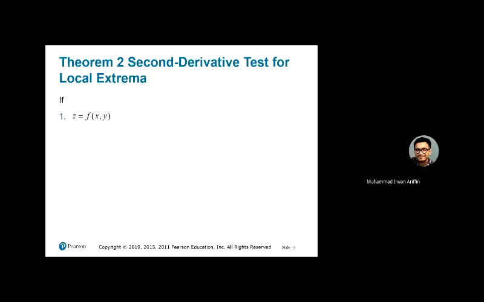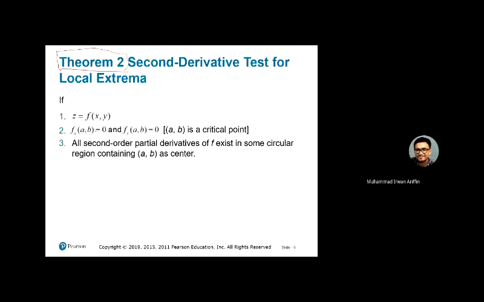Because of that, we need to apply the second theorem, where we use the second derivative test for local extrema. Let's say we have a function of two independent variables, x and y, and f sub x and f sub y exist and are equal to 0. We managed to locate A and B, which is a critical point. Then we need to do the test.